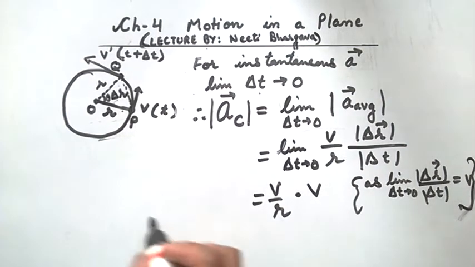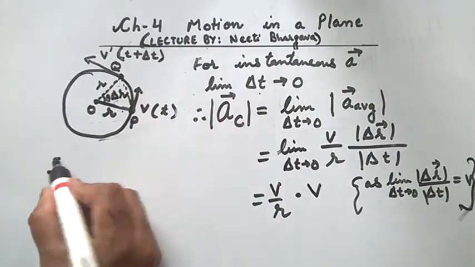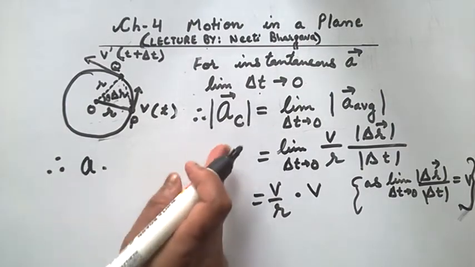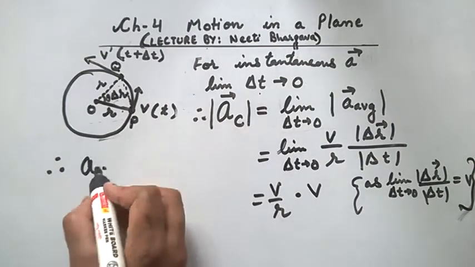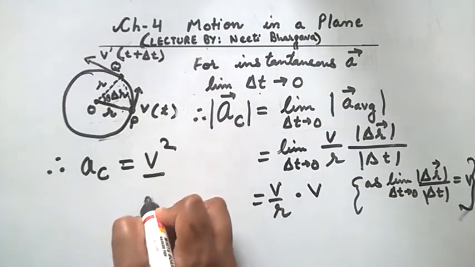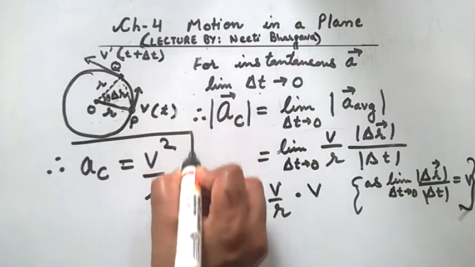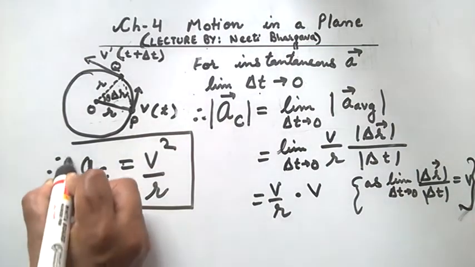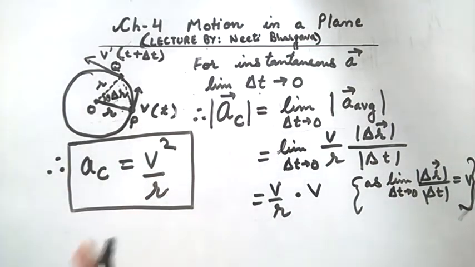Therefore, finally, average centripetal acceleration is given as v square by r. Thus, we have derived its value, and its direction is towards the center.